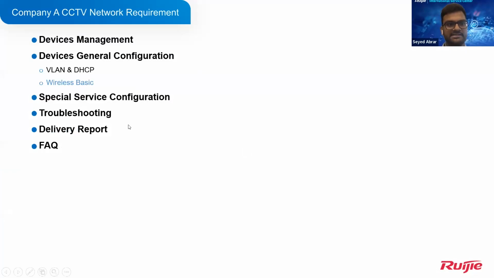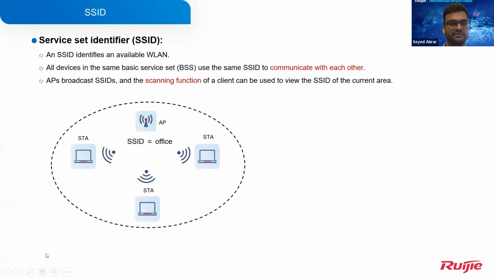And then I give some wireless basics, because in the network we have some wireless basics. As you see, SSID is the service set identifier. It's a kind of network name, where your wireless devices, when you see the SSID network name from your AP, will probe the wireless connection.